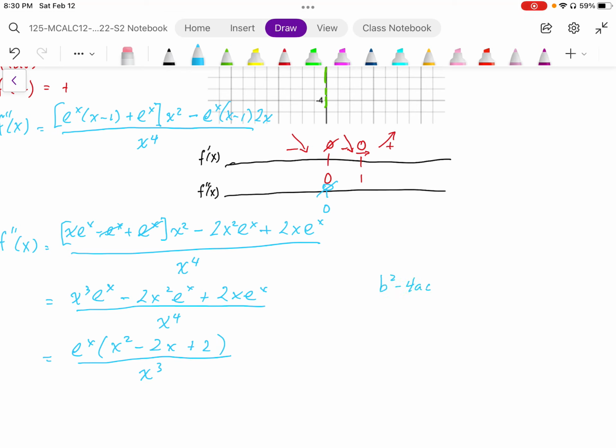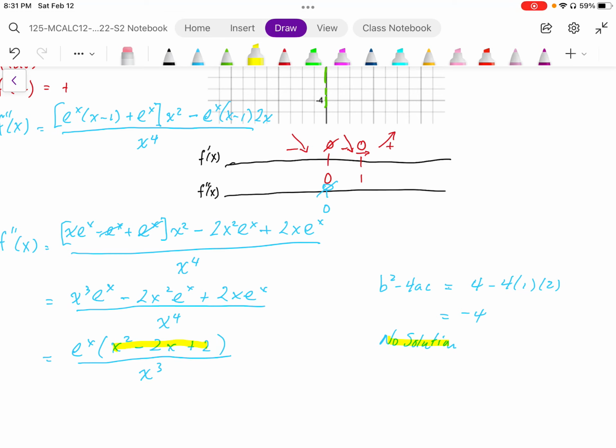If I try solving this, I end up with negative 2 squared, so 4 minus 4 times a times c, and I end up with a negative discriminant. Okay, so that means that there's no solution for that quadratic. So the only place where we can change concavity would be across that asymptote.